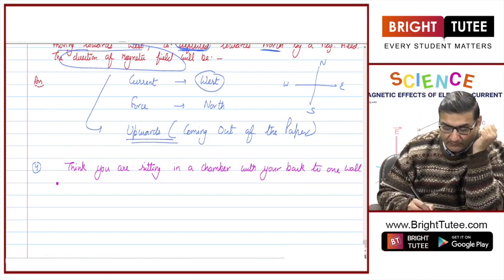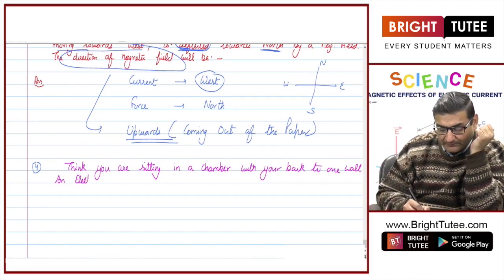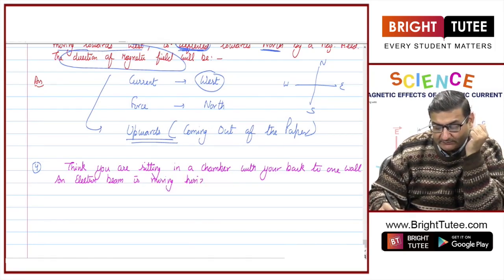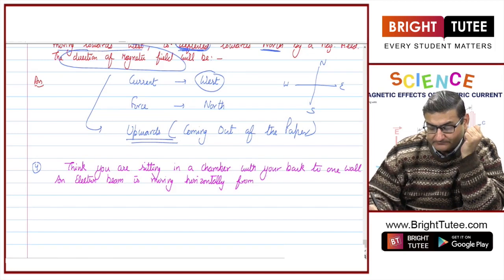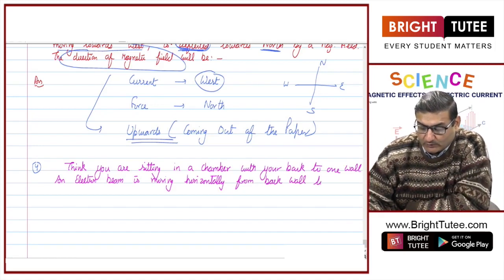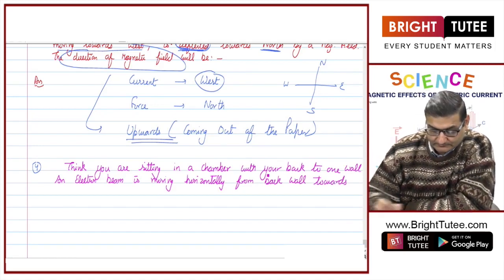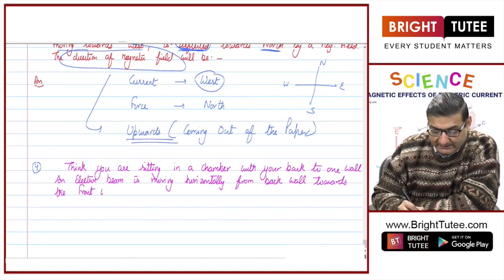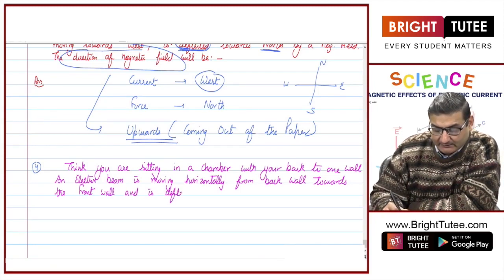Now an electron beam is moving horizontally from the back wall towards the front wall. That means the electron beam is coming from your back side and going towards the front wall.